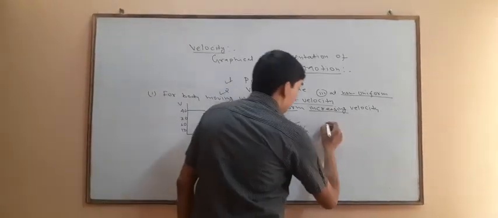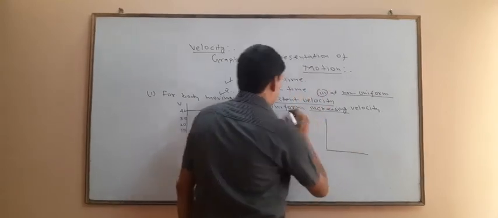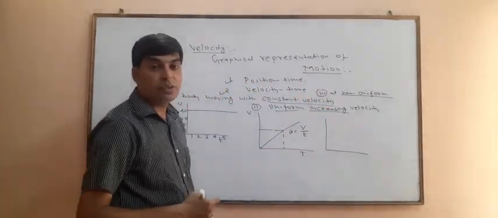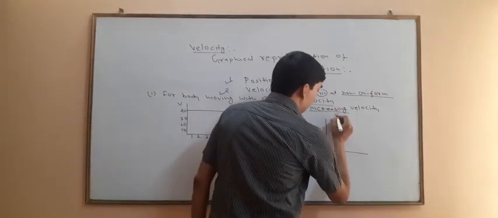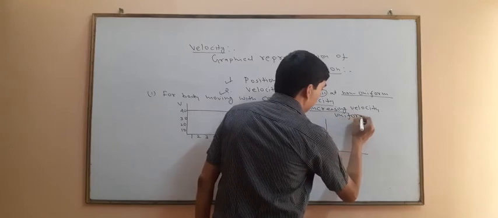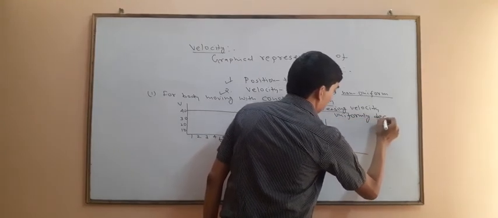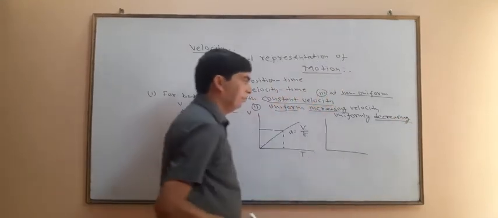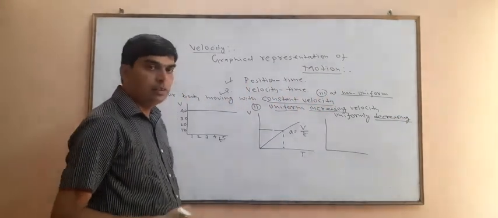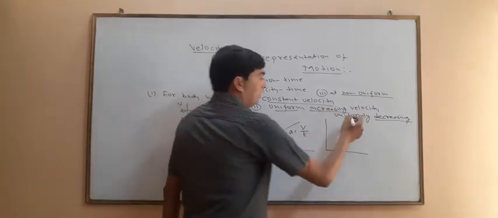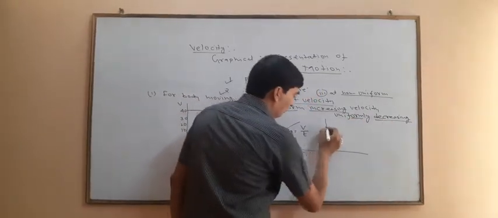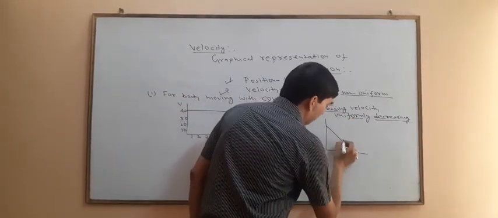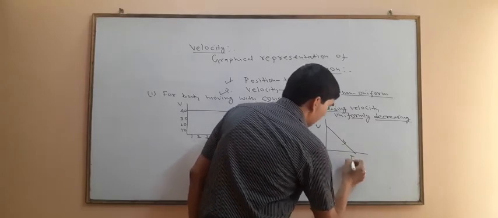The next graph will be when there is uniformly decreasing velocity. It has some velocity and now it is decreasing. So the nature of the graph will be like this one, velocity time.